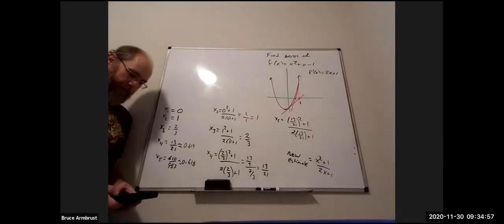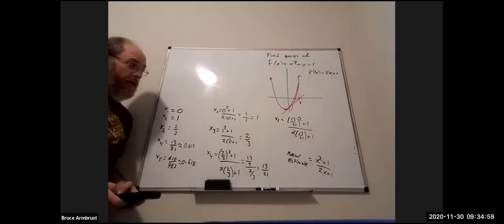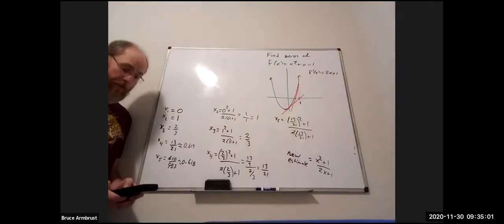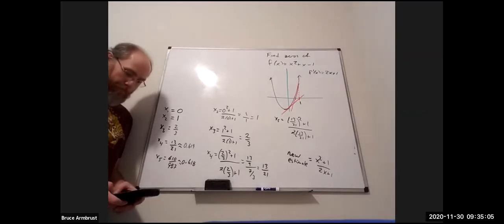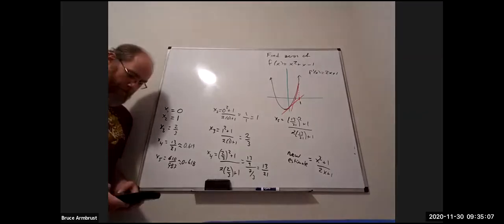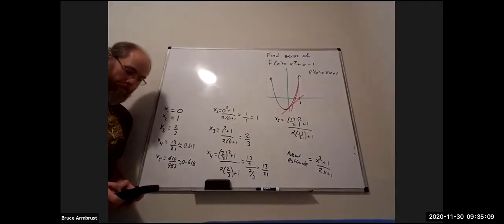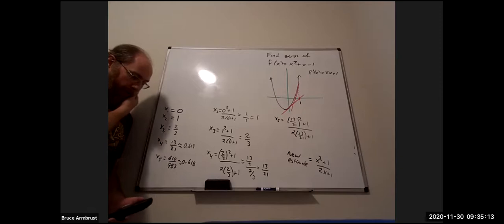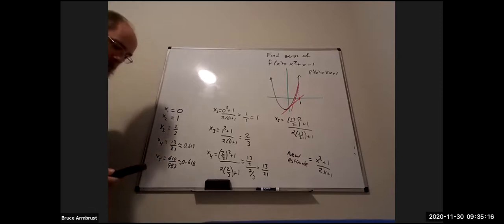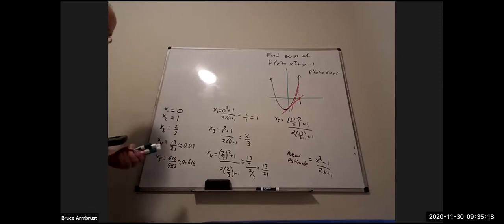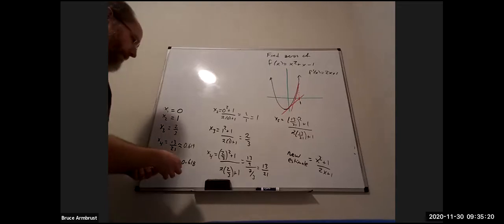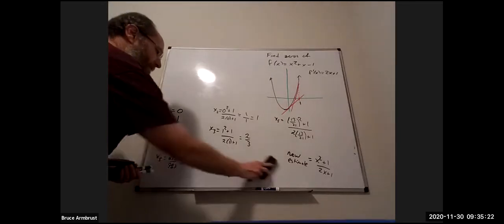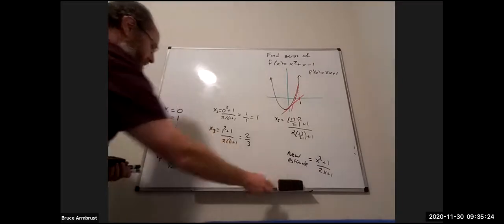So I can do this pretty quickly on my calculator here. Okay, so x5 was 0.618. I'm going to give you a couple more decimals just because I want you to see how little of a change there is once we're at this point.